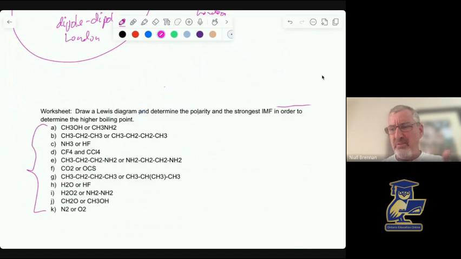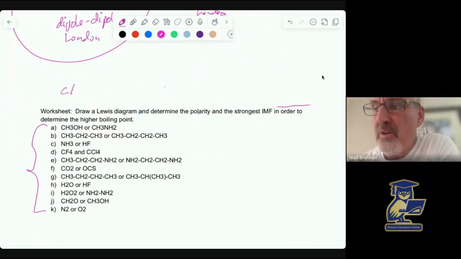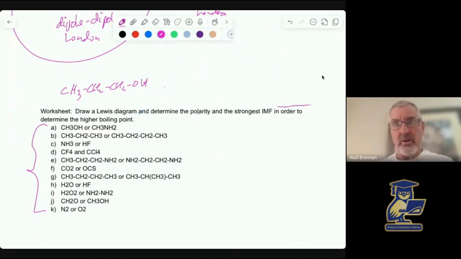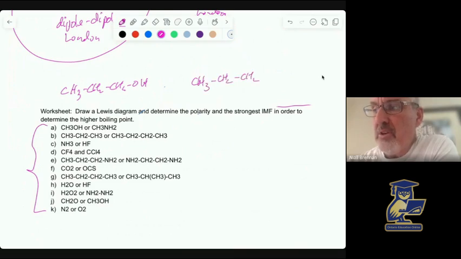This is what those questions don't do, because it's not really fair. I'm not going to give you a problem like this: CH3CH2CH2OH, called 1-propanol. It is an alcohol, with an OH group, so it's got hydrogen bonding. Compare that to hexane, 6 carbons in a row.